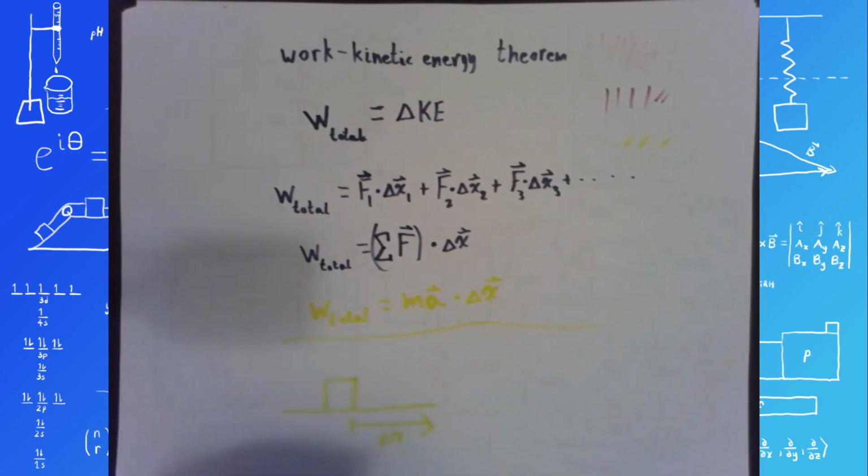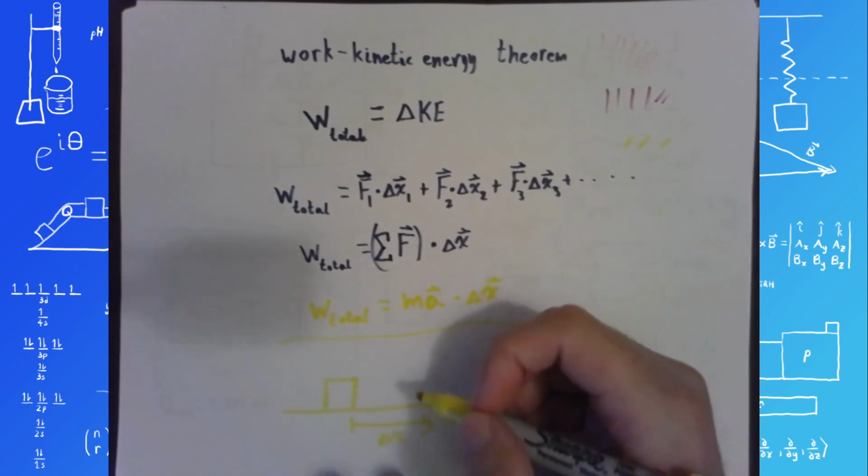If we dot it with the displacement, then your angle is just going to be 0 degrees between the direction of the net force and the direction of the displacement. So that's cosine of 0, which is 1. So your dot product reduces or simplifies to a regular product of magnitudes.